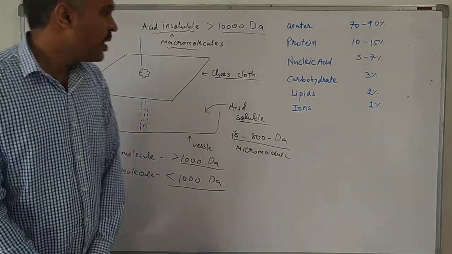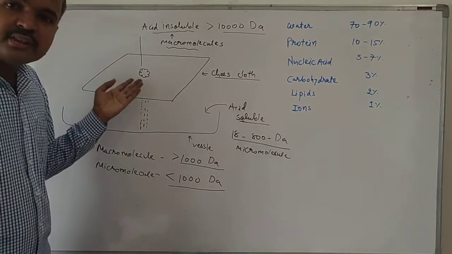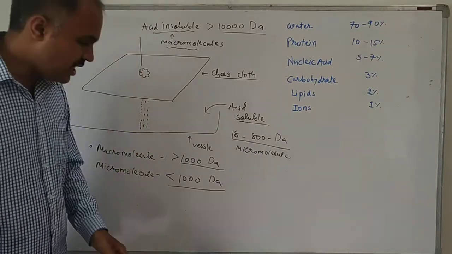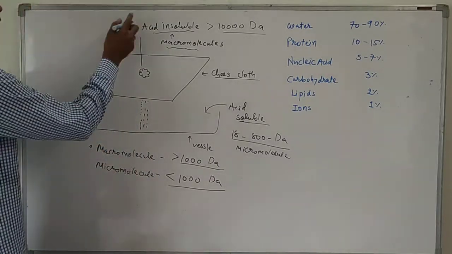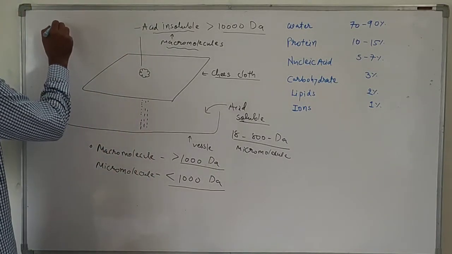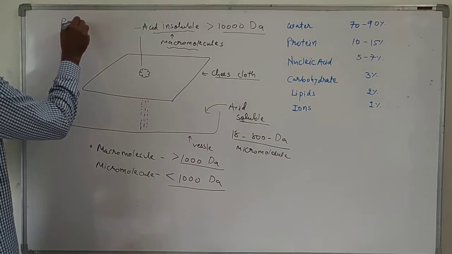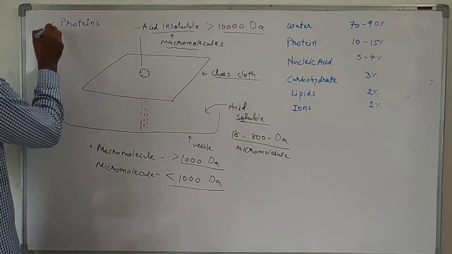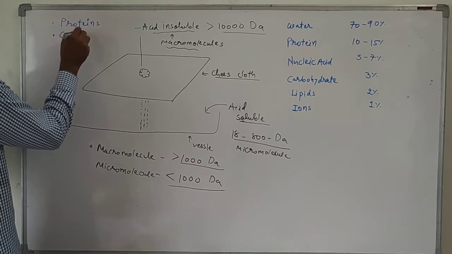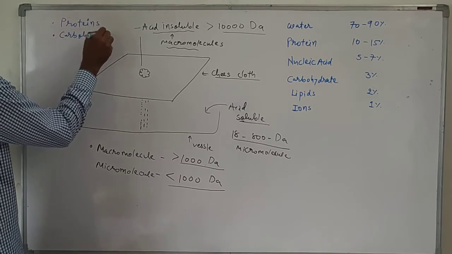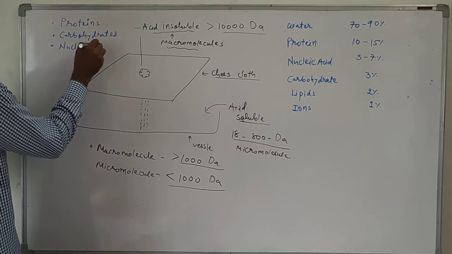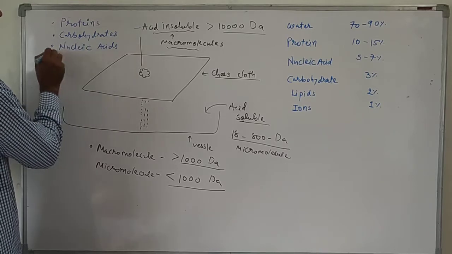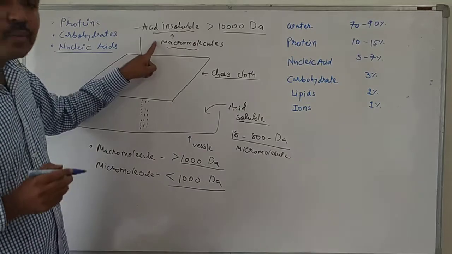Now let's talk about which substances are present in the acid insoluble fraction. Substances like proteins, carbohydrates, and nucleic acids are present in the acid insoluble fraction.